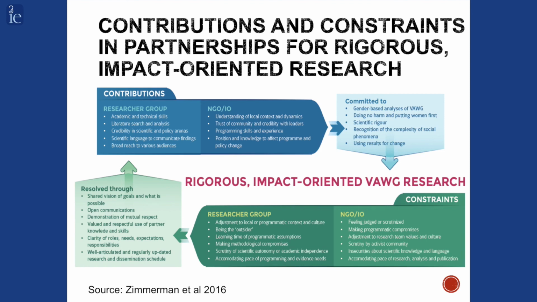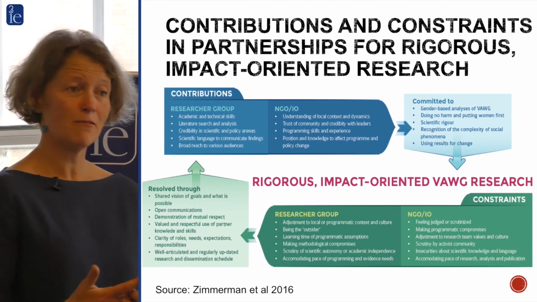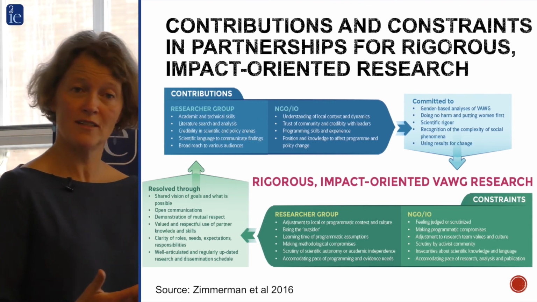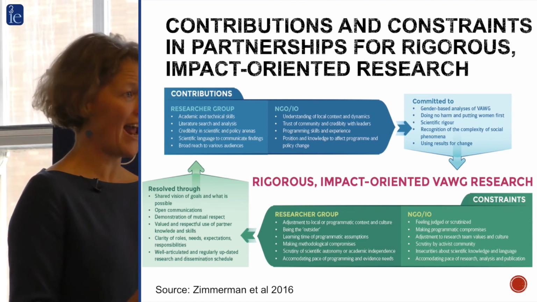There are lots of constraints and issues, and I won't work through them all, but there are risks when you bring different communities together of how you make that work. The way that we've resolved it in our work at the centre is really articulating that shared vision, very open communications, open budgets, also being very clear about who's getting what, how the resources are divided up, is that okay?